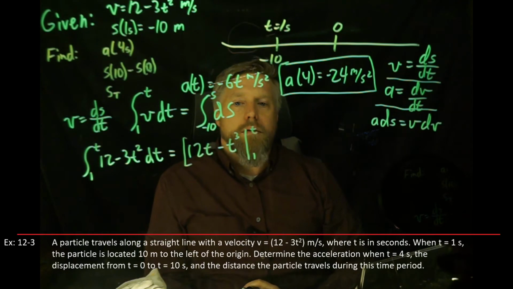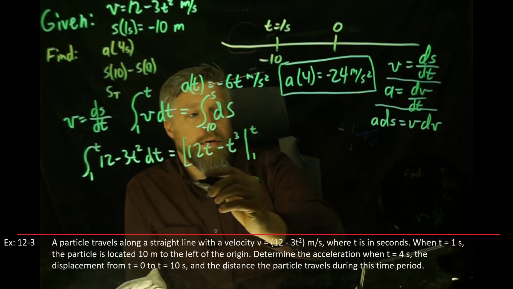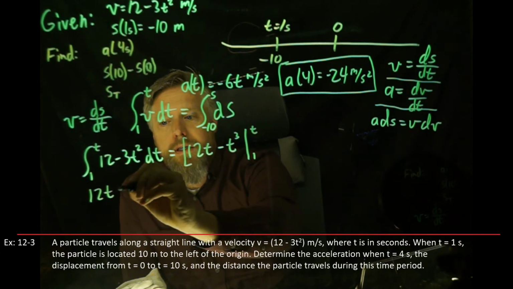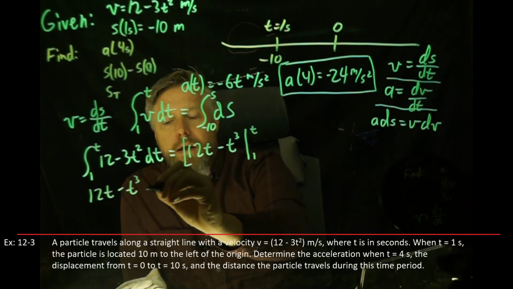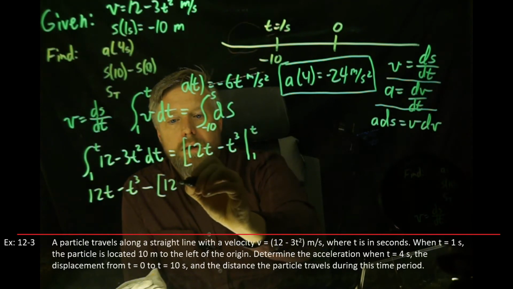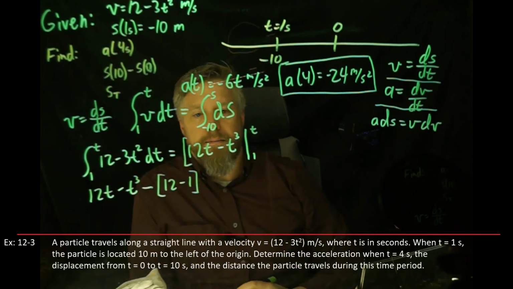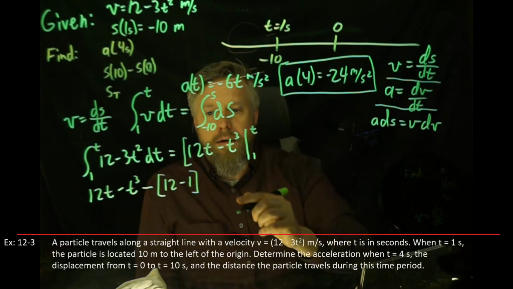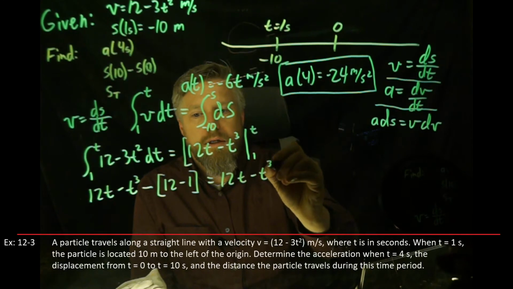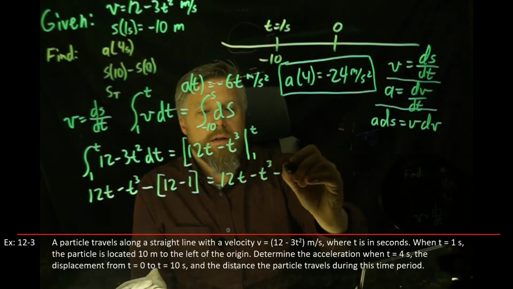OK, so I have to plug those in now. Plugging in t, I get 12t minus t cubed. Then I have to subtract plugging in 1, which would be 12 minus 1. That's the left-hand side. It's equal to 12t minus t cubed minus 11.